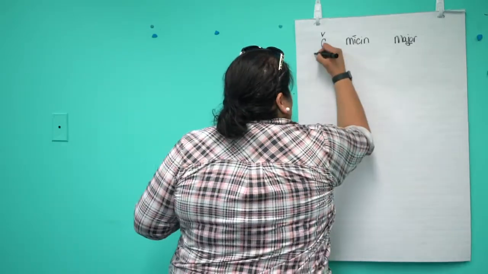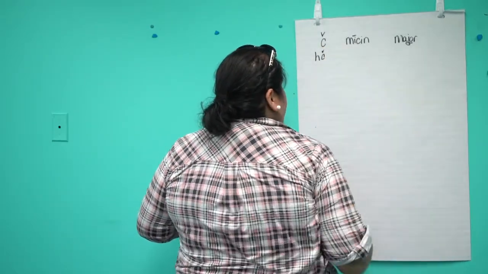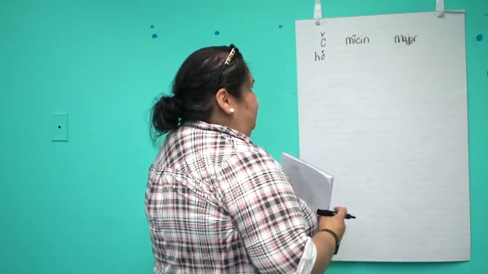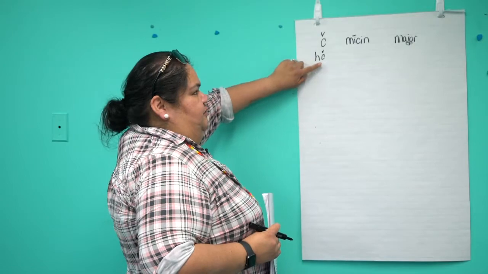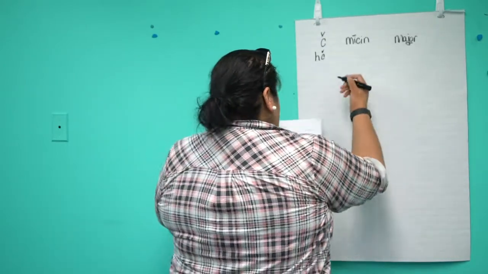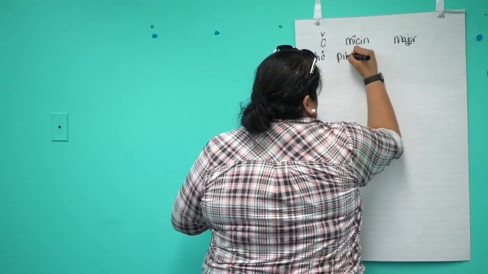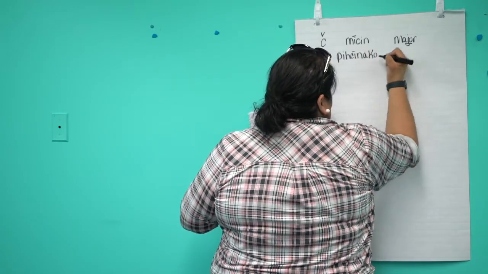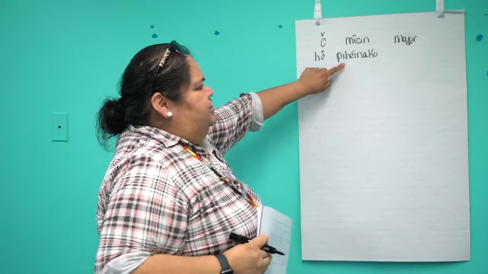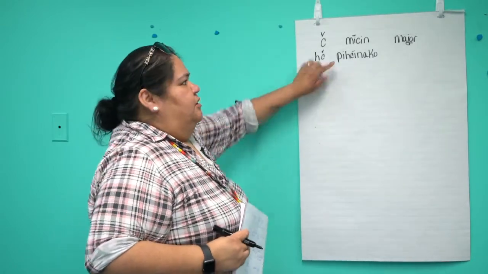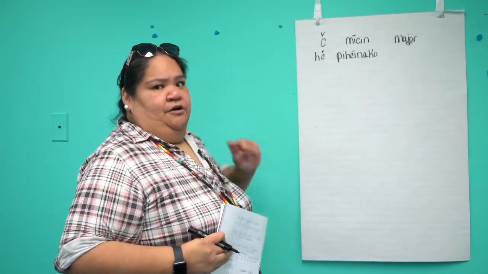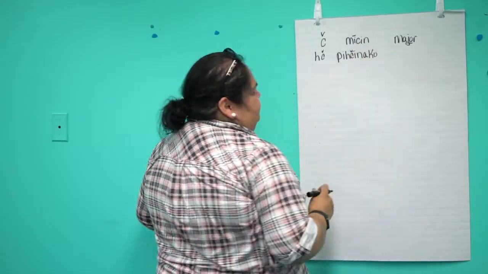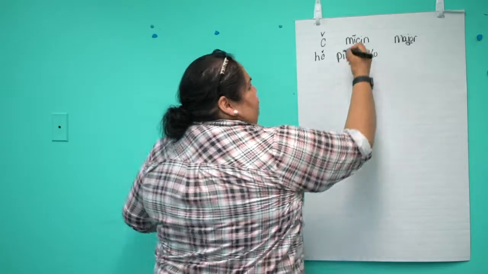And then if you see an H before this C, it will be like, this is an example. Pichinago. Mi jin. Pichinago.